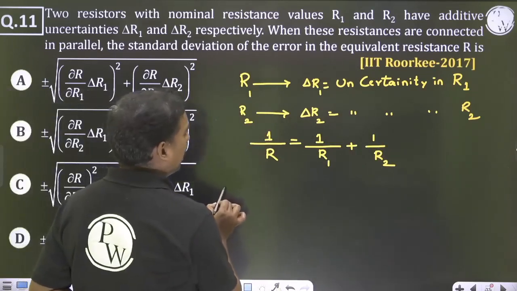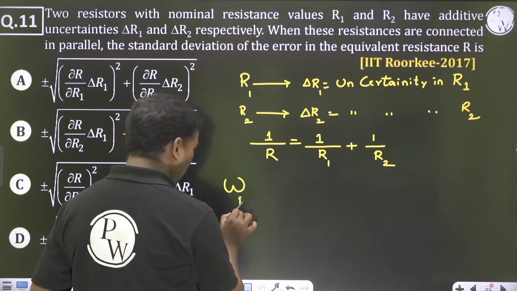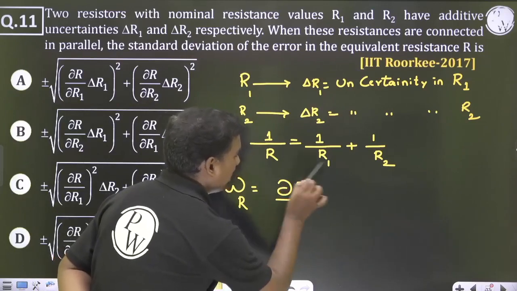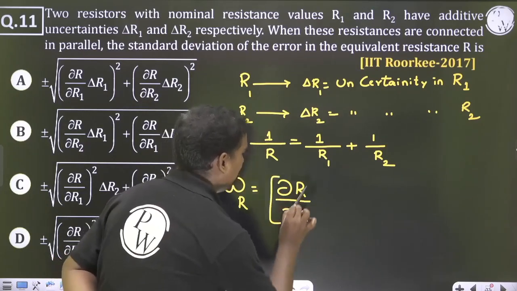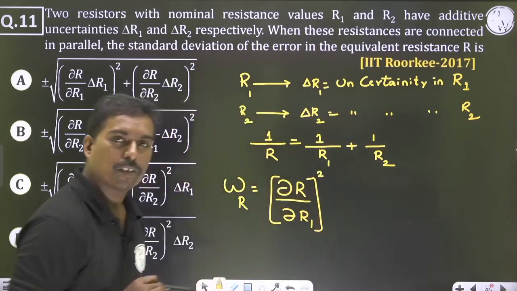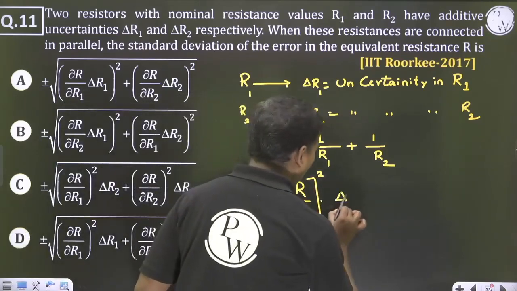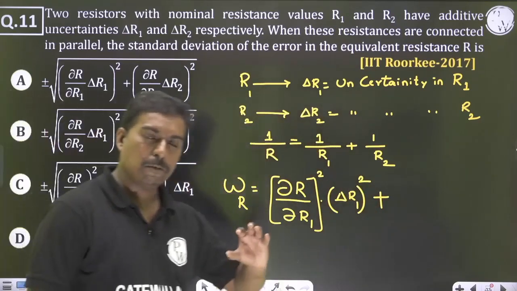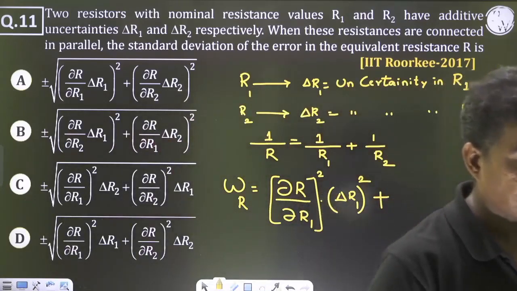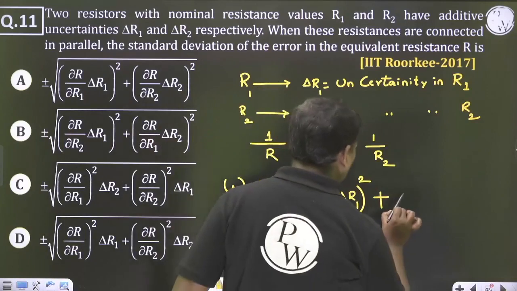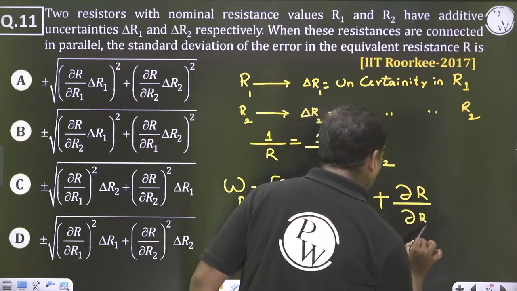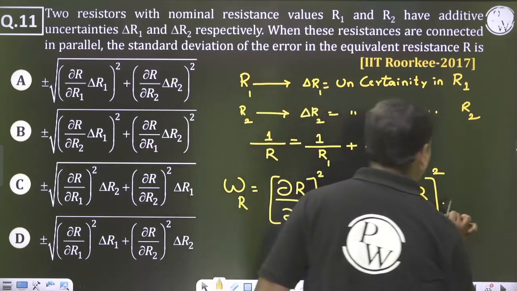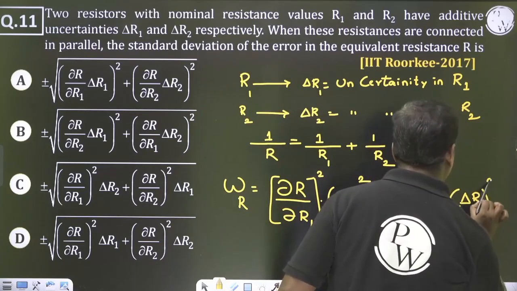Let us take the uncertainty in R as WR. I want to get it. So first, partial differentiate R with respect to R1, square of it, and the uncertainty in R1, that is delta R1, whole square. Got it? Next, partial differentiation with respect to the other: dou R by dou R2 whole square, and the uncertainty in R2, delta R2 square.